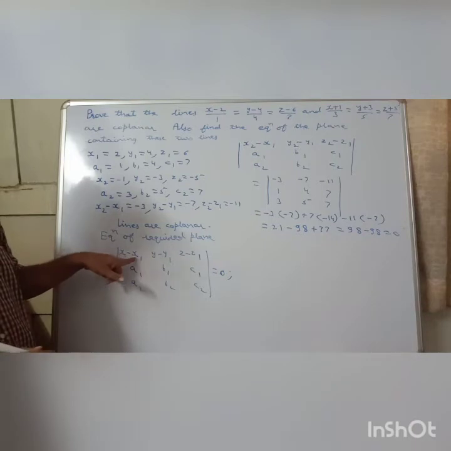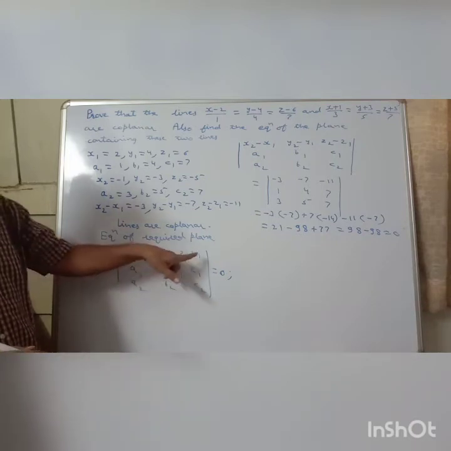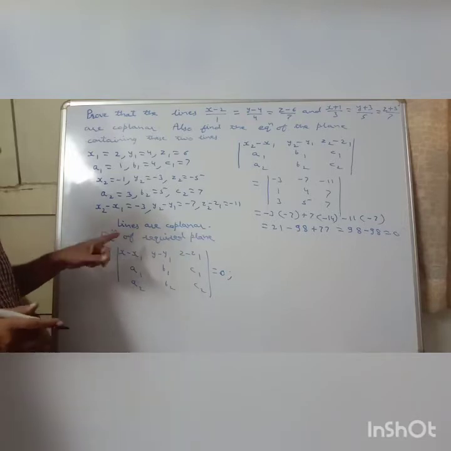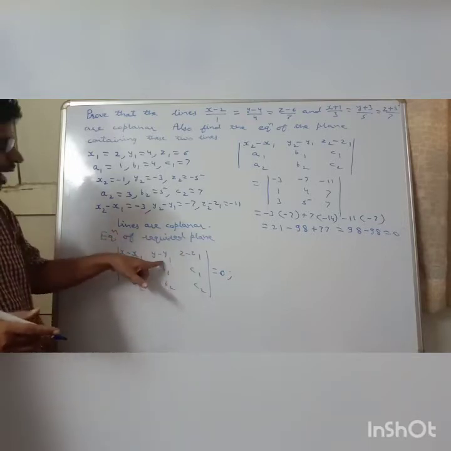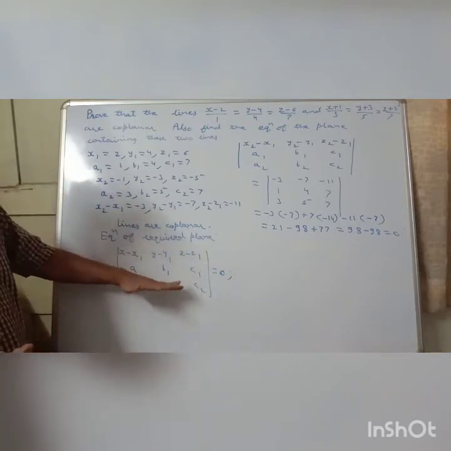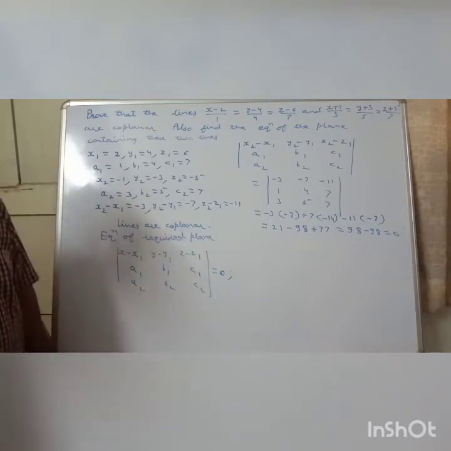Instead of x minus x1, y minus y1, z minus z1, in the first row we can write x minus x2, y minus y2, z minus z2 also. The remaining two rows remain the same.